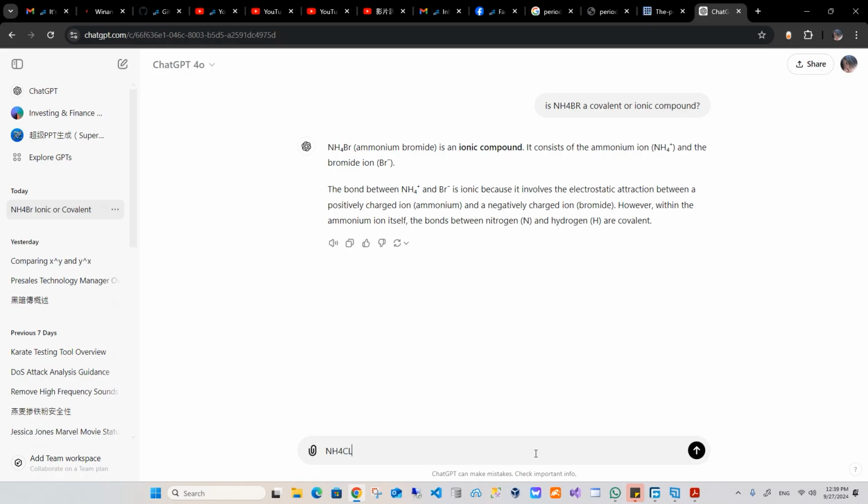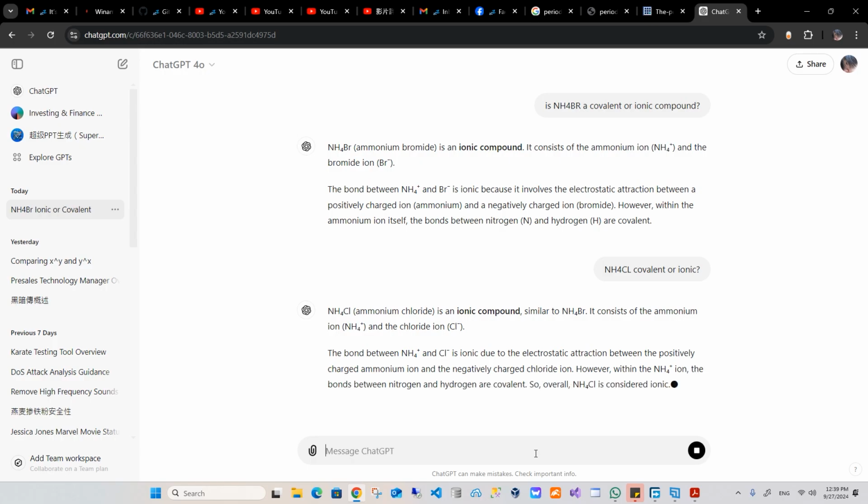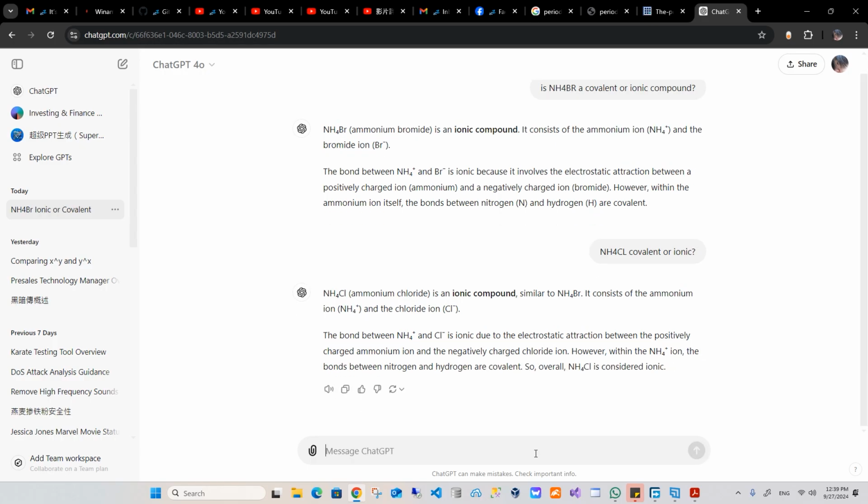NH4Cl is covalent. Huh? I thought it's a gas.